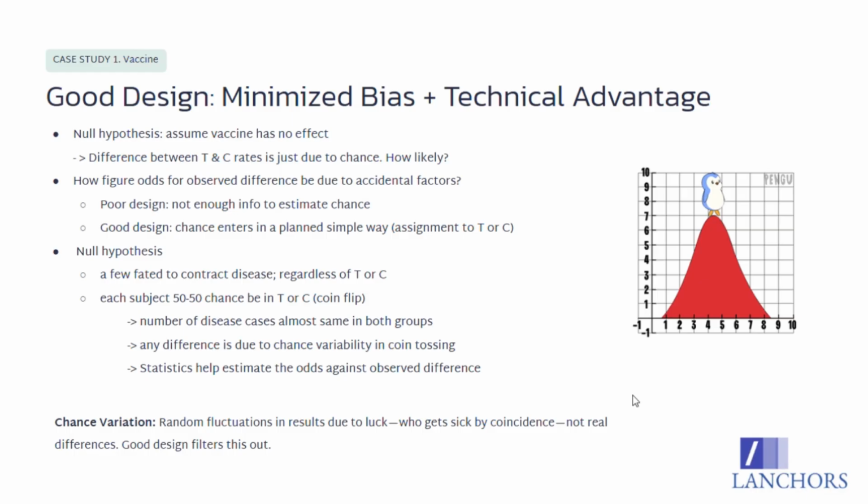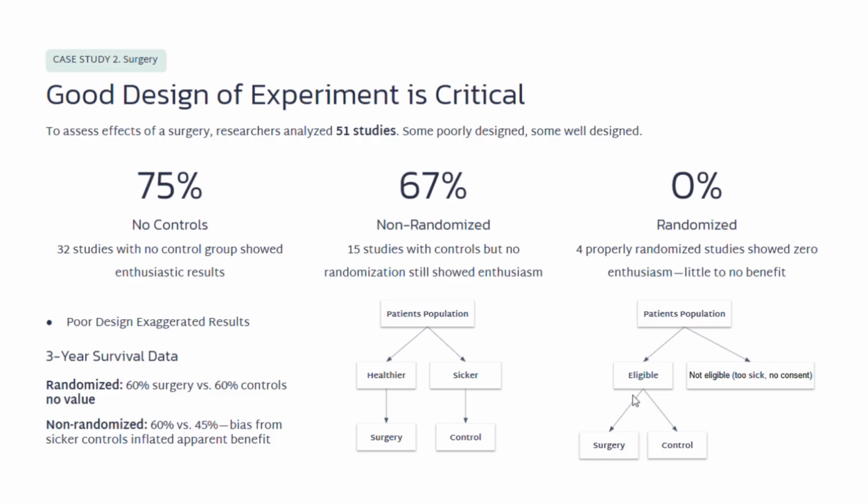Okay, as a second case study, let's see why good design of experiment is critical. We are looking at a case where some studies were done to conclude the effectiveness of a treatment via medical surgery.